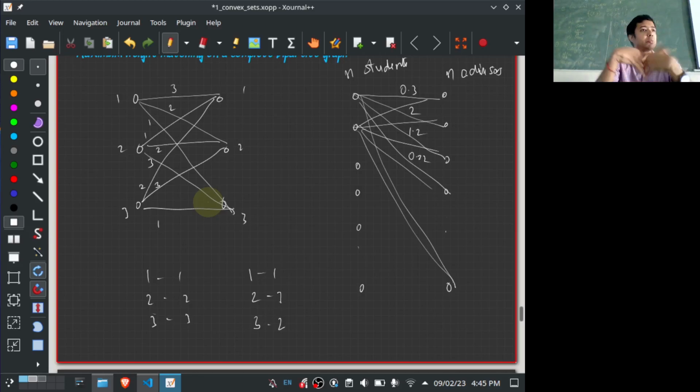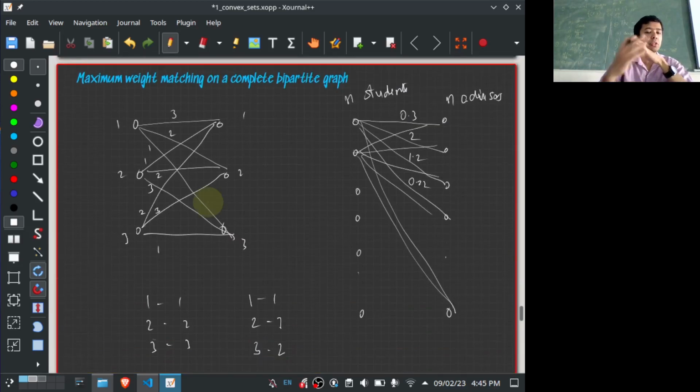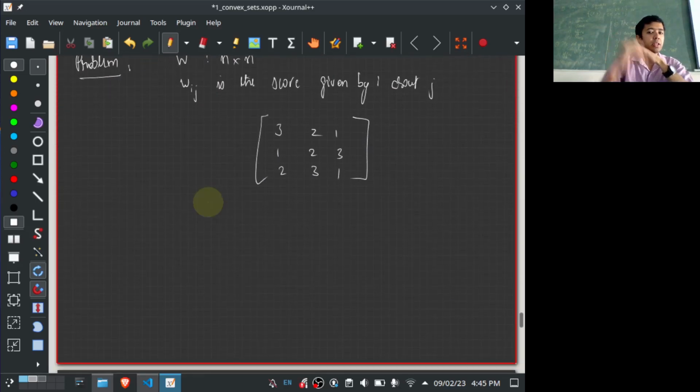I'm looking at a subgraph with certain properties: every vertex on the left is connected to exactly one vertex on the right, and every vertex on the right is connected to exactly one vertex on the left. Correct? Okay, and we want to maximize the sum of the edge weights in the final generated permutation or the matching. Correct.